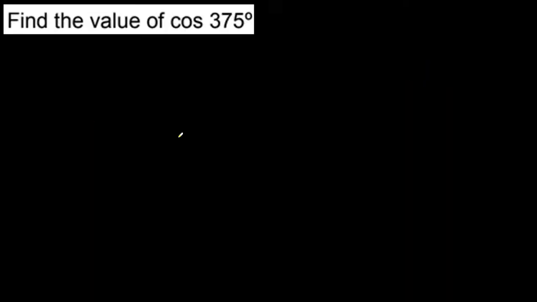Cos 375 degree. Okay. Can we write it as cos(360 degree plus 15 degree)? Can we further say that it is equal to cos 15, since cos(360 plus theta) is cos theta?